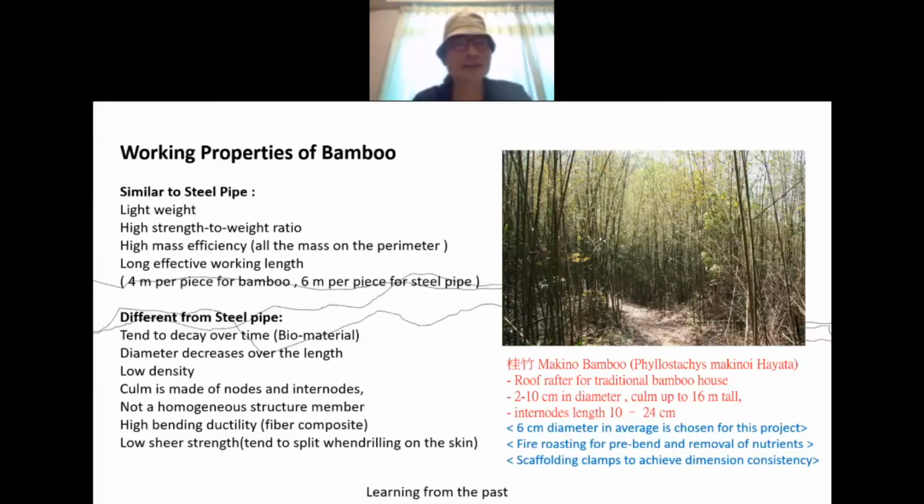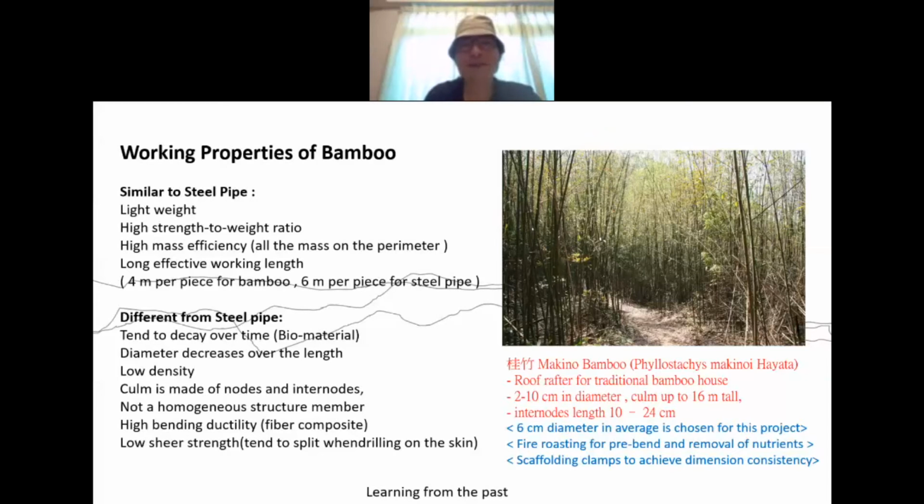The similarities are these: they are both lightweight, they have very high strength to weight ratio, and they have high mass efficiency because all the mass is on the perimeter, which either be a tensile member or compression member plays that role. And then it has very long effective working length. In Taiwan, 4 meters per piece of bamboo, which is about a similar dimension, is quite easy to get. And for steel pipe here, our standard length is about 6 meters.